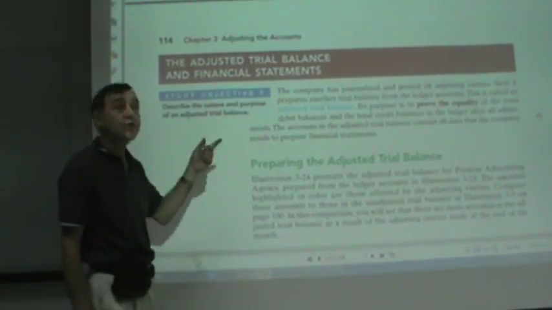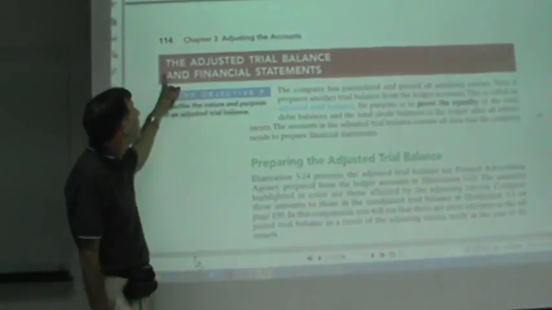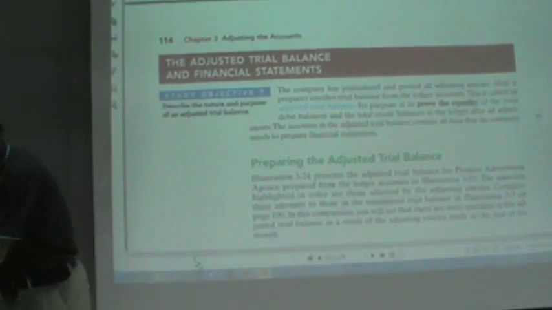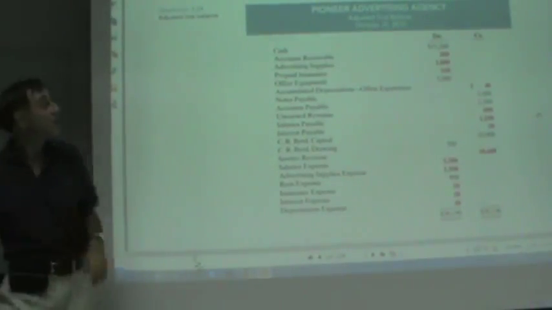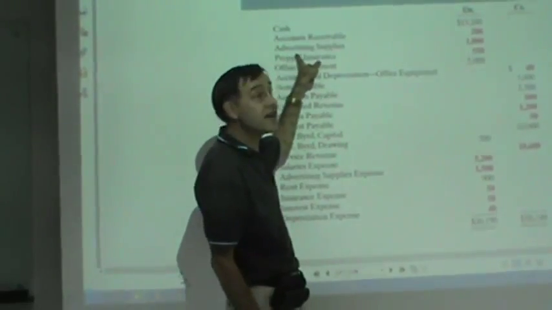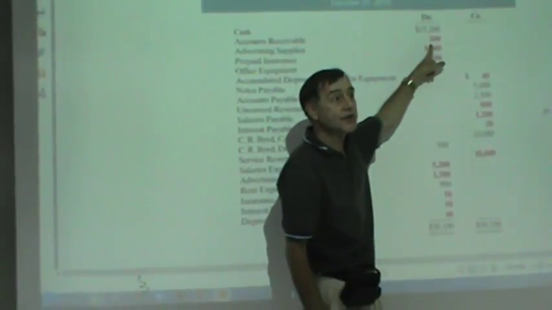And then we get to what I was trying to tell you about the adjusted trial balance. So let's see what adjusted trial balance looks like. Okay. Adjusted trial balance is very simple. You take the number after the adjustments.